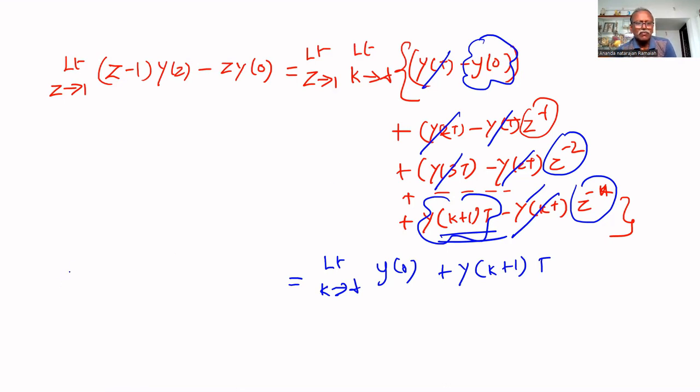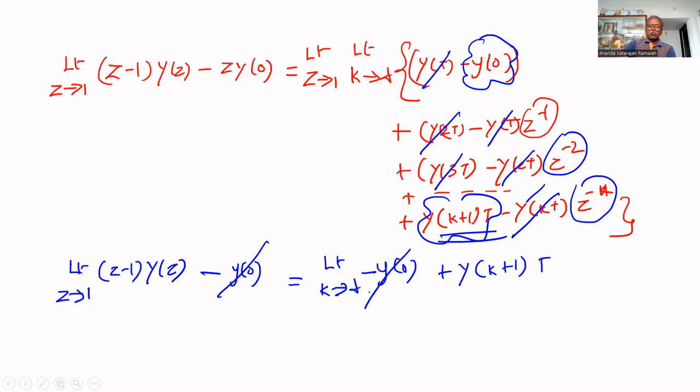The left hand side, we are having limit z tends to 1. If you put z equal to 1, you will get y of 0 only. So here this is minus y of 0. These two getting cancelled. Therefore, no k is there.